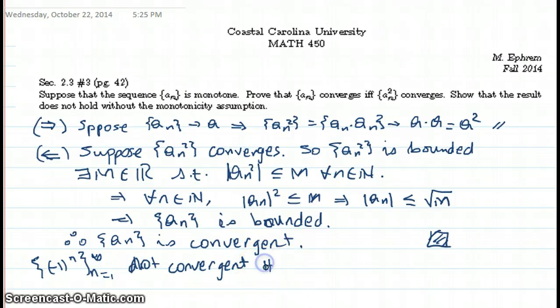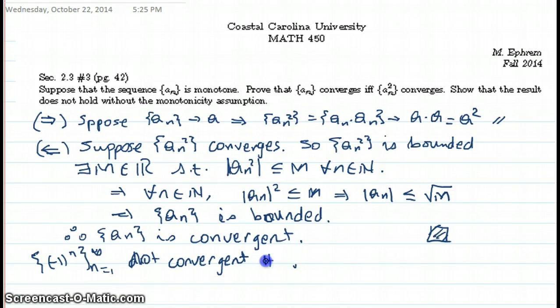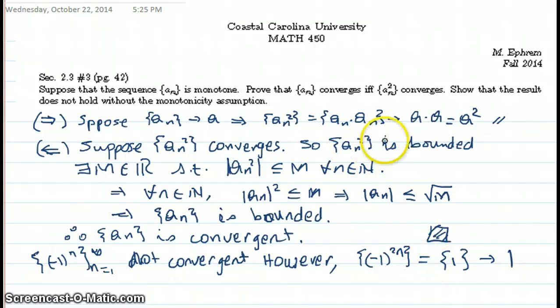However, if you take the squares of those terms, which are -1s and 1s, this is the sequence of 1s, which converges to 1. So a_n squared now converges, but a_n does not converge. So this implication fails without the assumption of monotonicity.